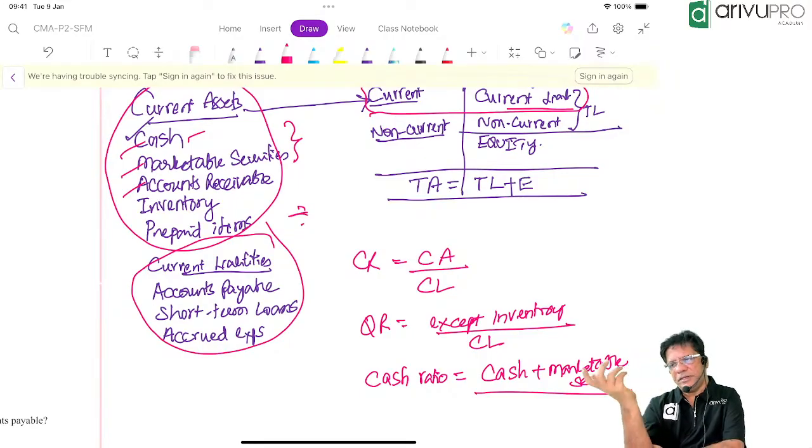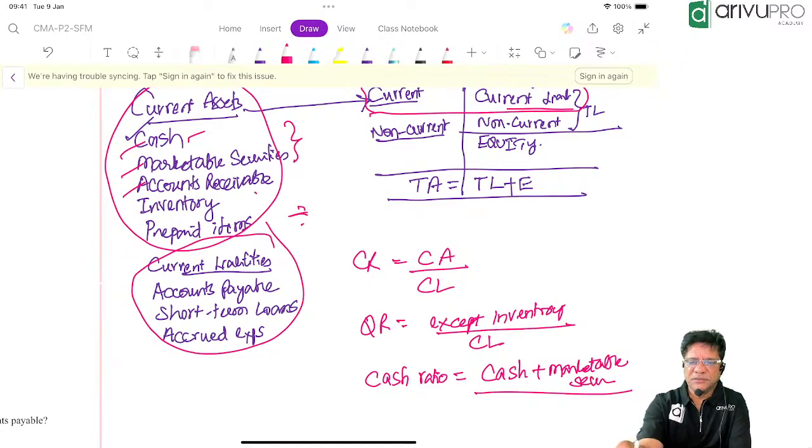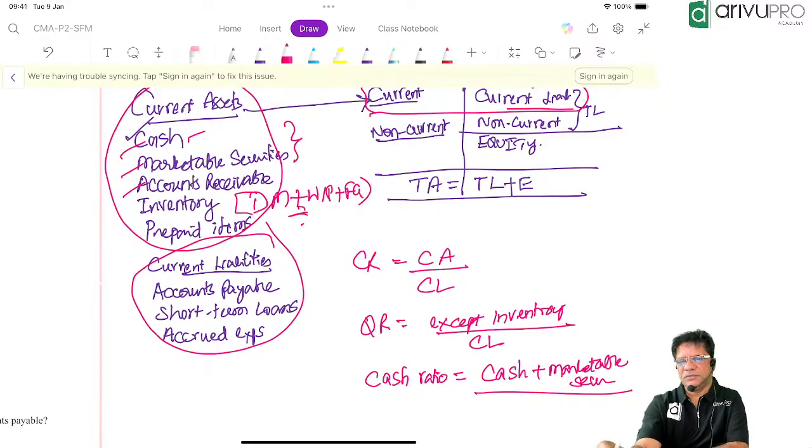Then inventory. Inventory in manufacturing companies includes direct material, work in process, and finished goods. Inventory means everything. Raw material inventory: the factory stores department is receiving raw materials. When they purchase, they store it.